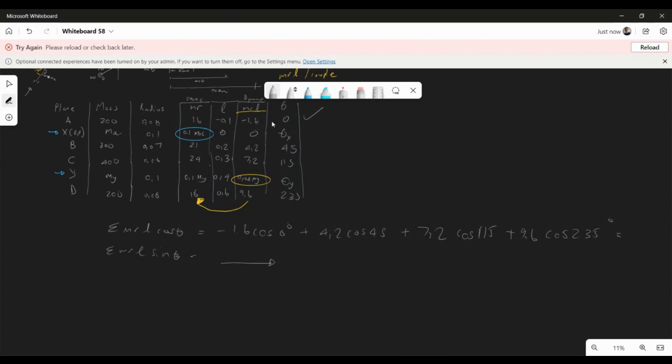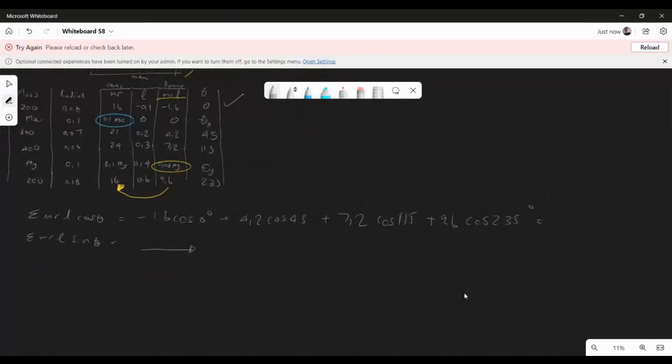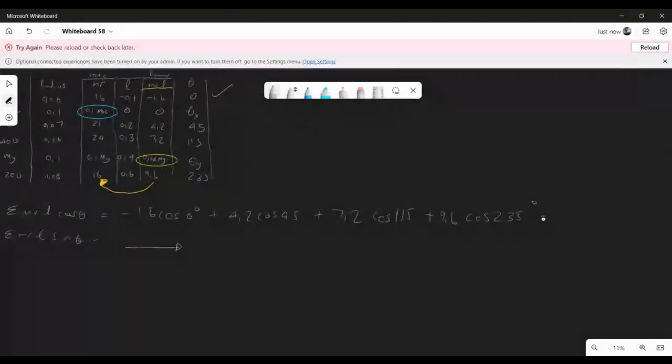MRL for the cos part. Yeah, okay, it's 0. Oh yeah, let me just include this here, plus 0.04 my. I'll include it here for now.